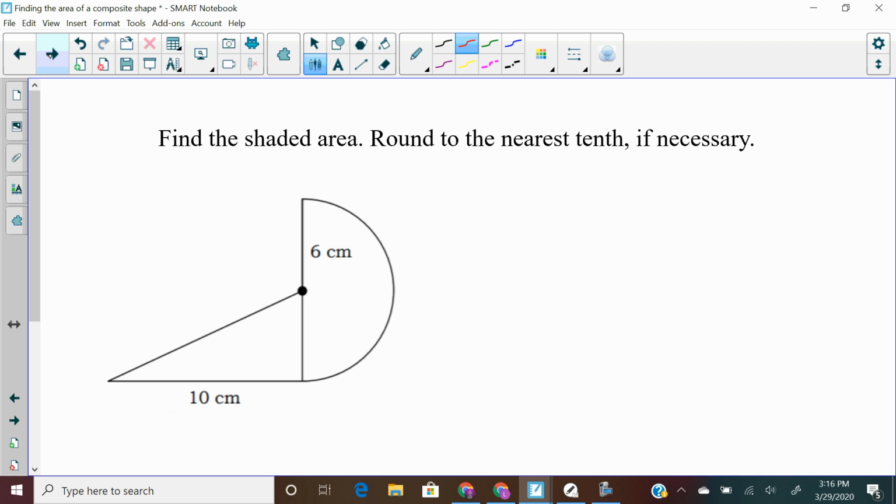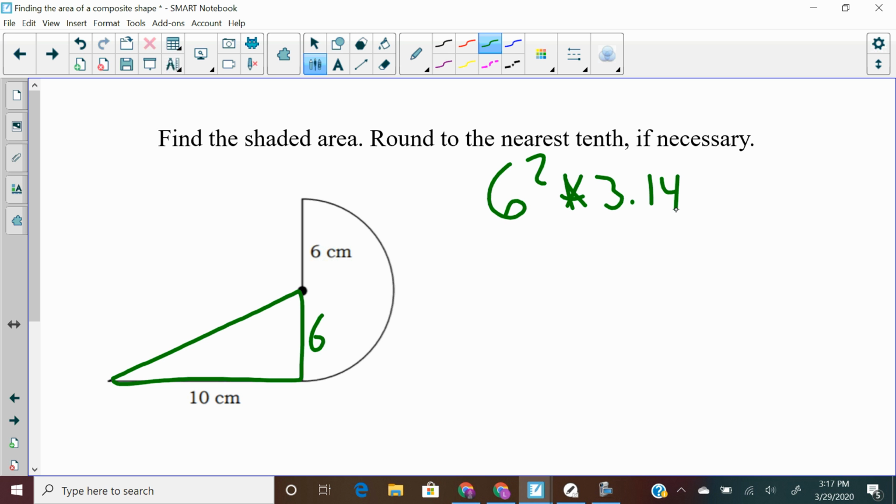The next shape is a triangle and a semicircle. Here's my triangle. Notice that my triangle lines up with my radius, so its height is 6. The semicircle has a radius of 6. So I do 6 squared times 3.14, again divided by 2 because it's half a circle.